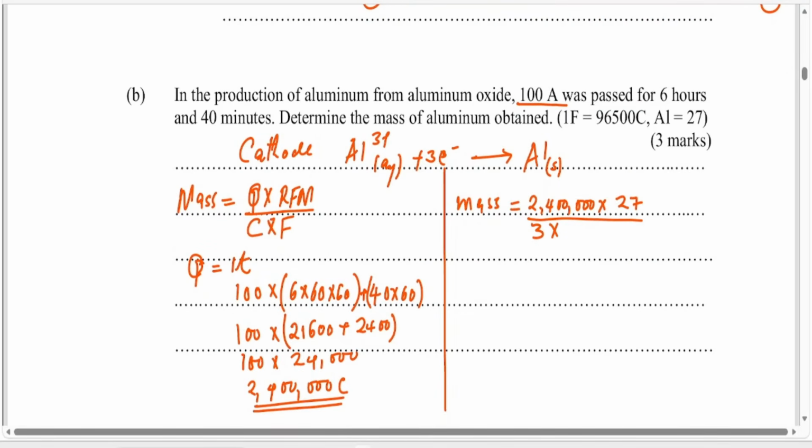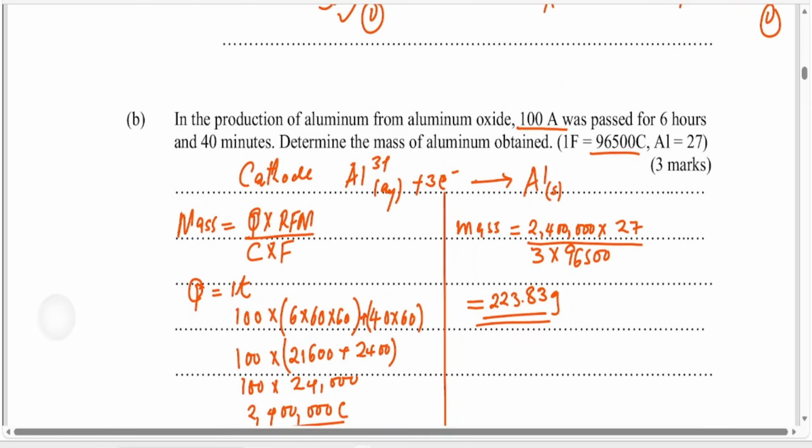Multiply by the F, which is the Faraday's constant, 96,500 coulombs. So when I work this out, learners, I shall obtain 223.83 grams.